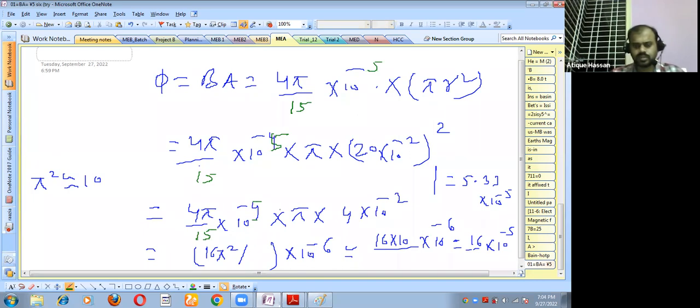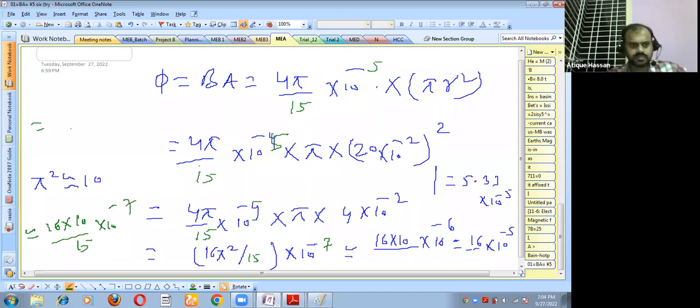And so we will get 16 pi square by 15 and 10 to the power minus 7. And pi square is approximately 10, so it will be 16 into 10 by 15 into 10 to the power minus 7.